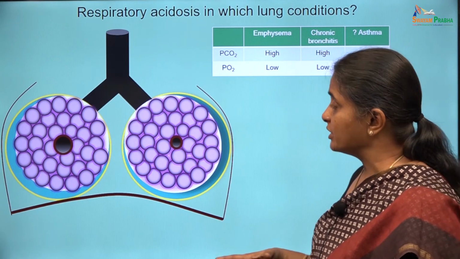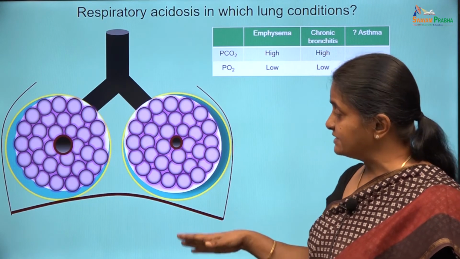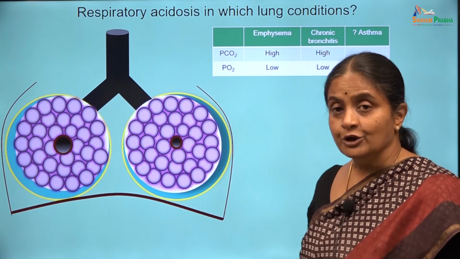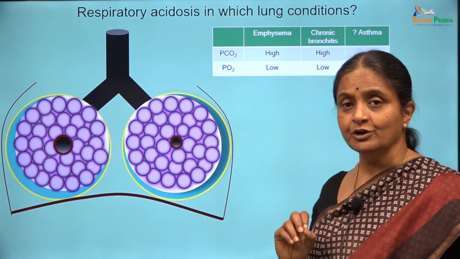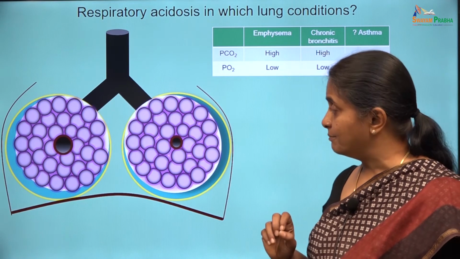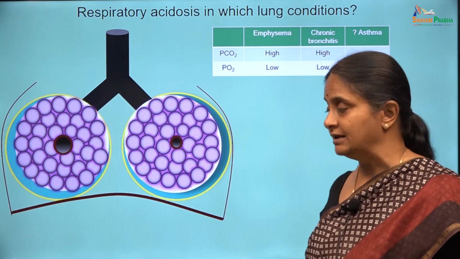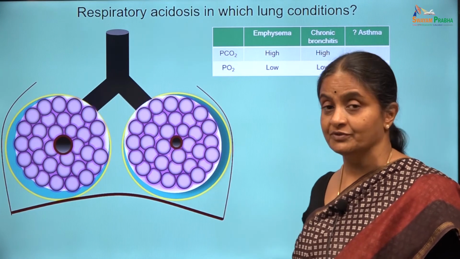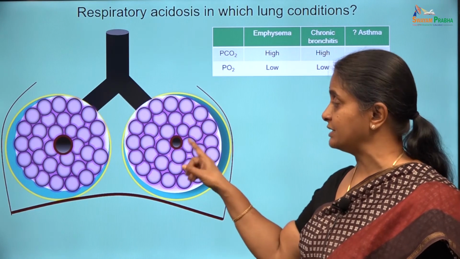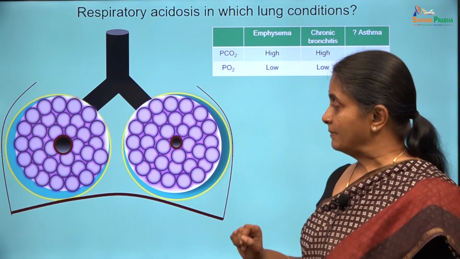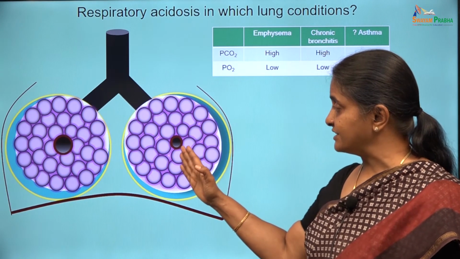We have already seen what happens in asthma. Asthma is again an obstructive disease where there is narrowing of the bronchial lumen because of hyperreactive airways. That is, due to some allergy, the smooth muscles in the walls of the bronchioles have constricted, causing narrowing of the lumen. Does this lead to a respiratory acidosis?